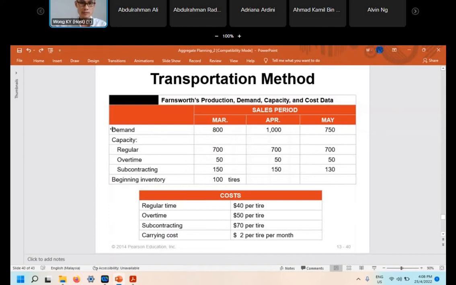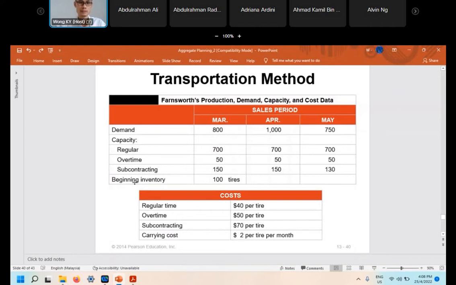The following data are given. First is the demand. Customer demand for March is 800, for April 1000, and for May 750. Then data on capacity is also given: regular time capacity, overtime capacity, and subcontracting capacity. There is a beginning inventory of 100 tires.